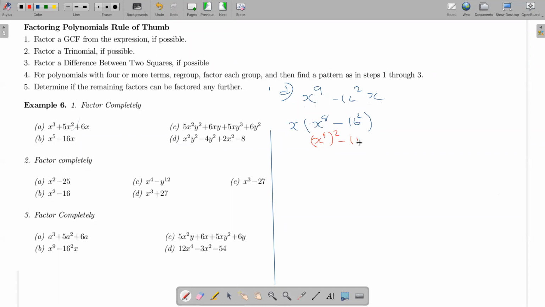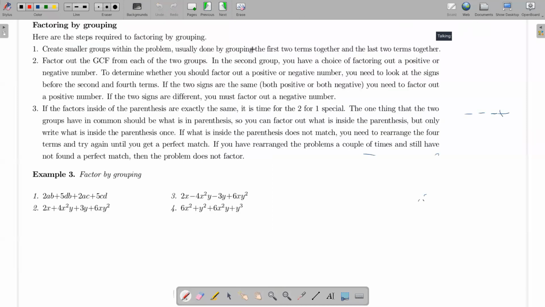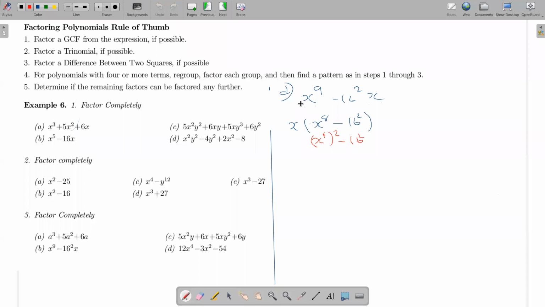This is already in the difference of squares form, like the previous one, this formula. So I have to identify a and b there. Here a is x to the 4, this guy is a, and this 16 is b.